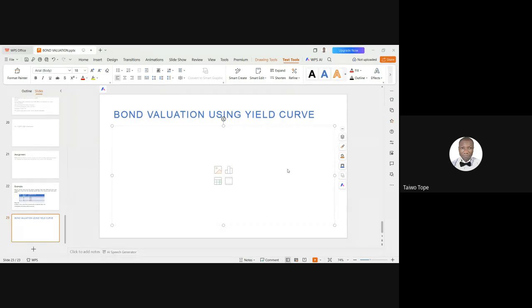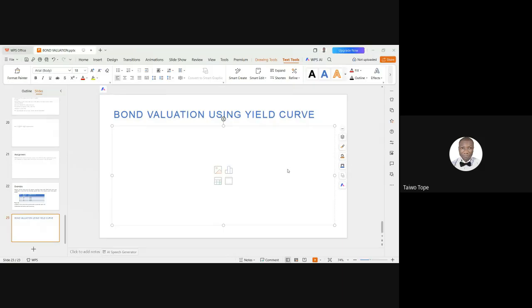And we said redeemable bond is the one in which the issuer will pay both the annual interest and what? And the principal on the maturity date. Whereas for irredeemable bond, the issuer will only make the annual interest payment, but the principal will not be paid.